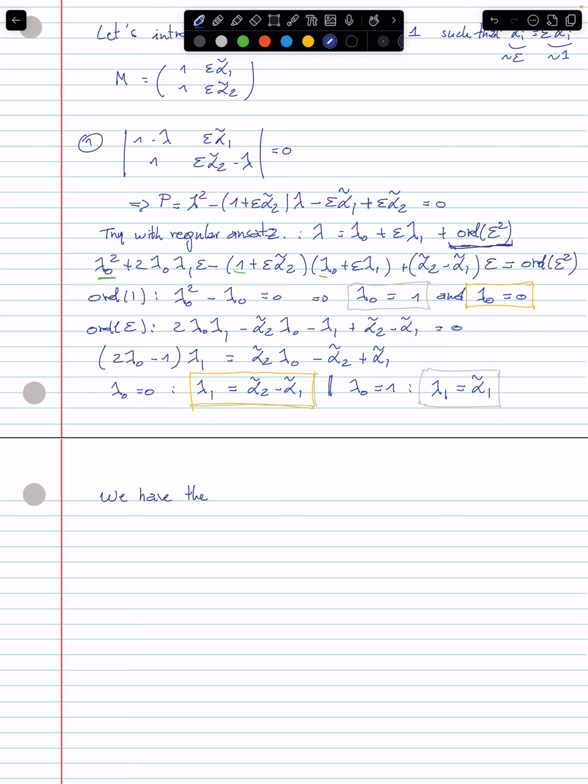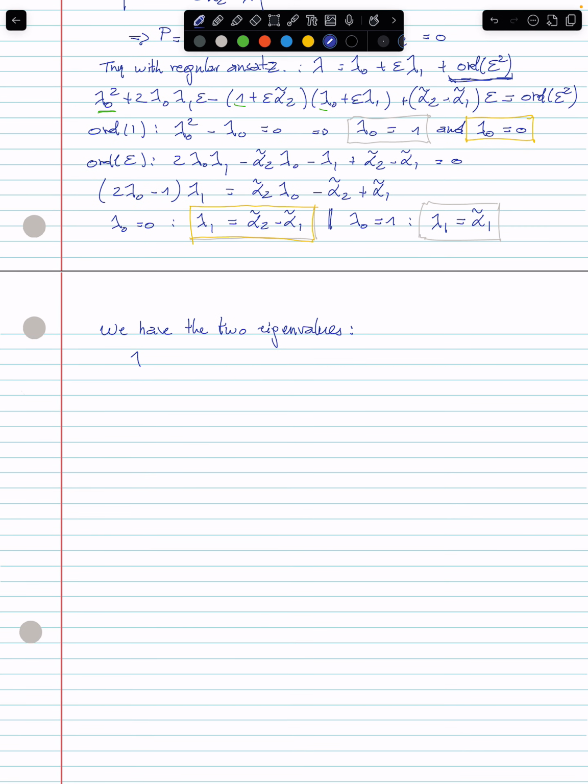We have the two eigenvalues. Lambda, let me just call it lambda A, in gray first, is lambda 0, which is 1, plus epsilon alpha 1 tilde. And we have lambda B in yellow, which is 0 plus alpha 2 tilde minus alpha 1 tilde multiplied by epsilon.